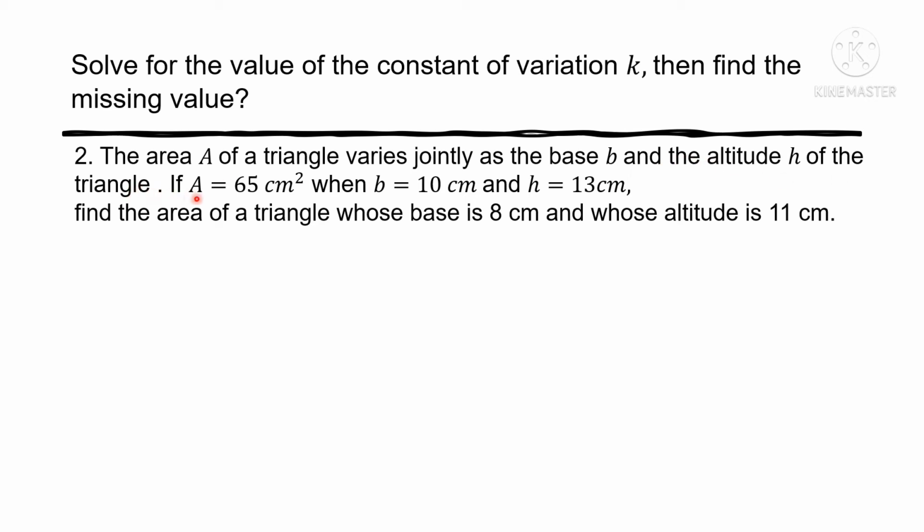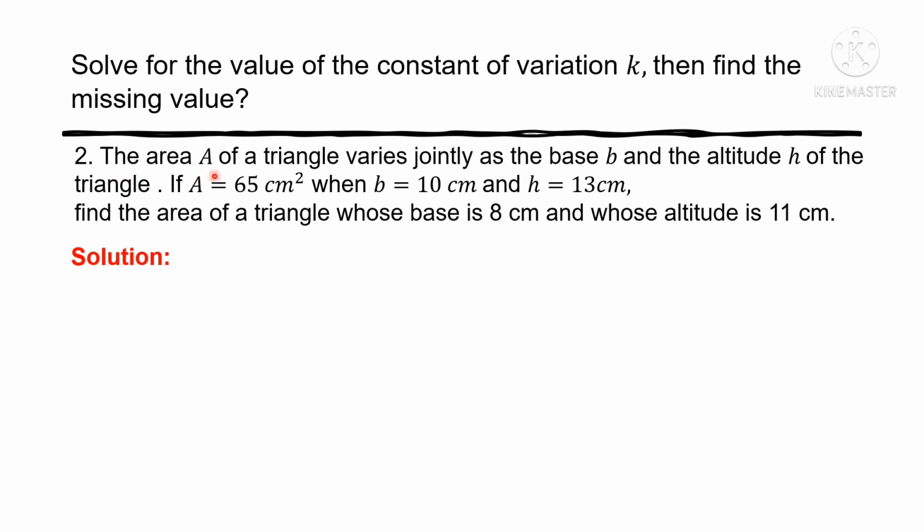If the area, or A stands for the area, is 65 square cm, when B equals 10 cm and h equals 13 cm, find the area of a triangle whose base is 8 cm and whose altitude is 11 cm. Okay, so first we have to translate this statement.